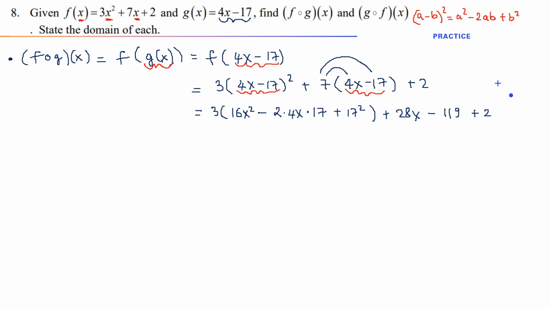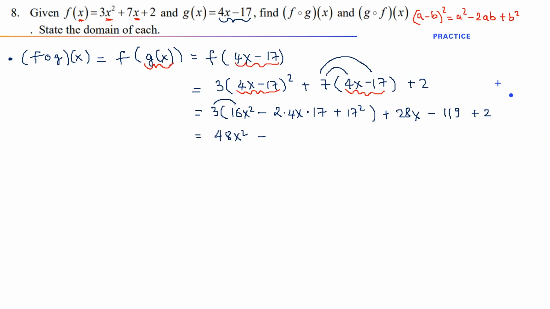Now we distribute. 3 times 16 is 48x squared, minus 3 times 2 is 6, times 4 is 24, times 17.